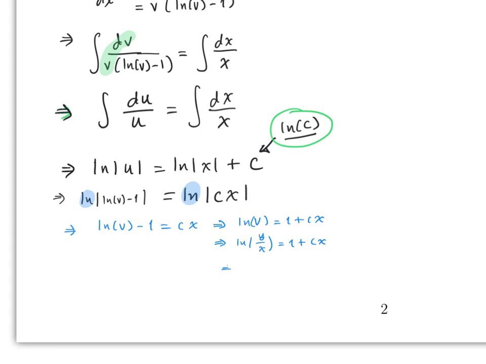And from here you can change from log to exponent, so we have e to the 1 plus cx equals y over x, which means y equals x e to the 1 plus cx. And this is the final answer.